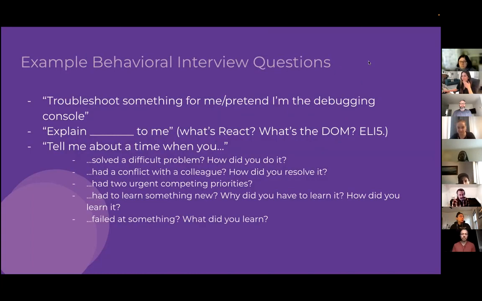Some more example behavioral interview questions, and these might have a little bit more to do with code, would be like troubleshooting. I've seen this one a lot, where someone might give you an example problem that was happening. Like, okay, users are seeing 504 gateway timeouts across the website. What would you do? Where would you start to look?